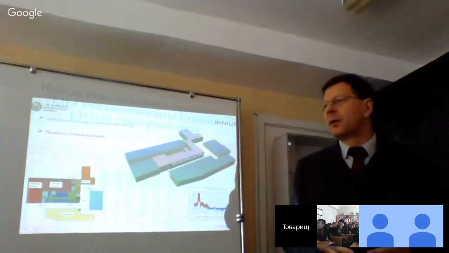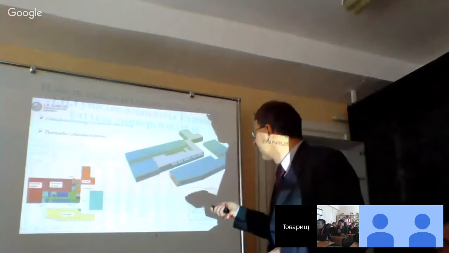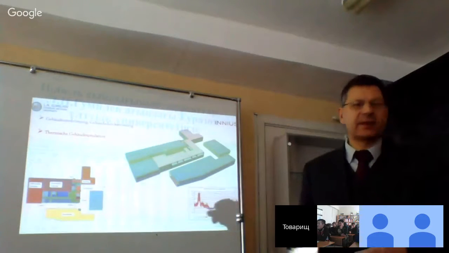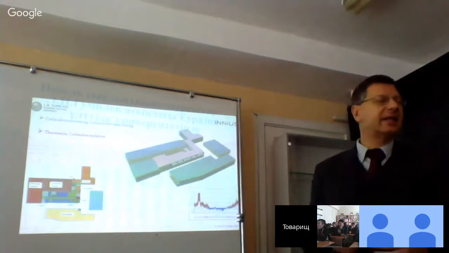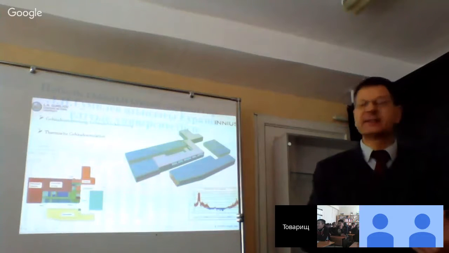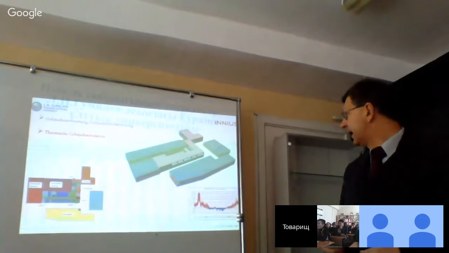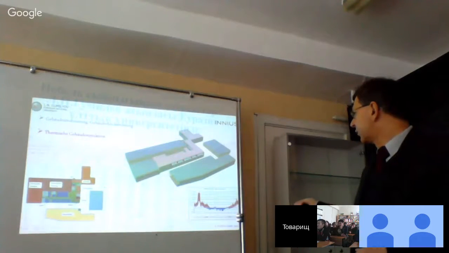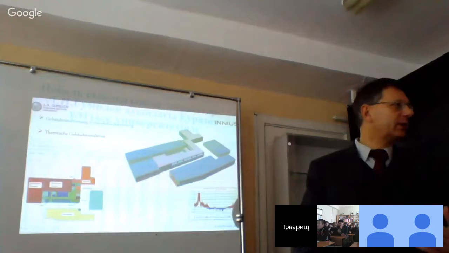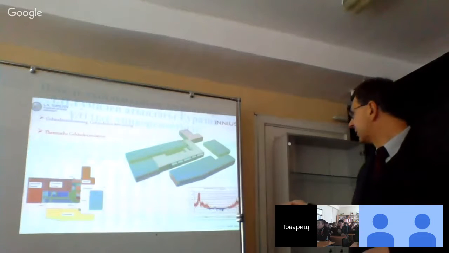That means we make models of the building. We have each room included in this three-dimensional model, and then we calculate the thermal load over the whole year. And that's what we see here in this diagram.